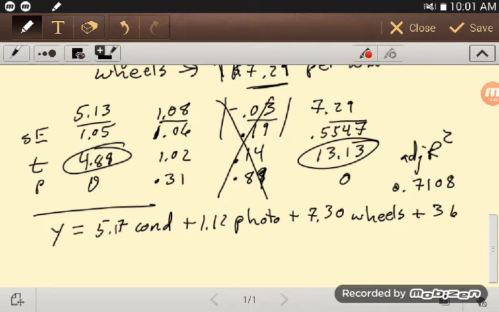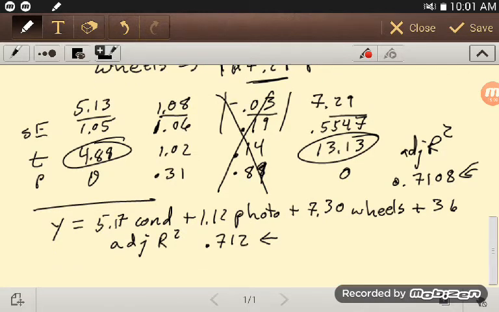Okay, and in this case, we get an adjusted R squared of 0.712. So really not a great improvement. Nothing big there. So between these two adjusted R-squareds, I would say the two models are fine. But what's nice is this actually has a tiny bit higher adjusted R-squared, and we got rid of one of the variables.